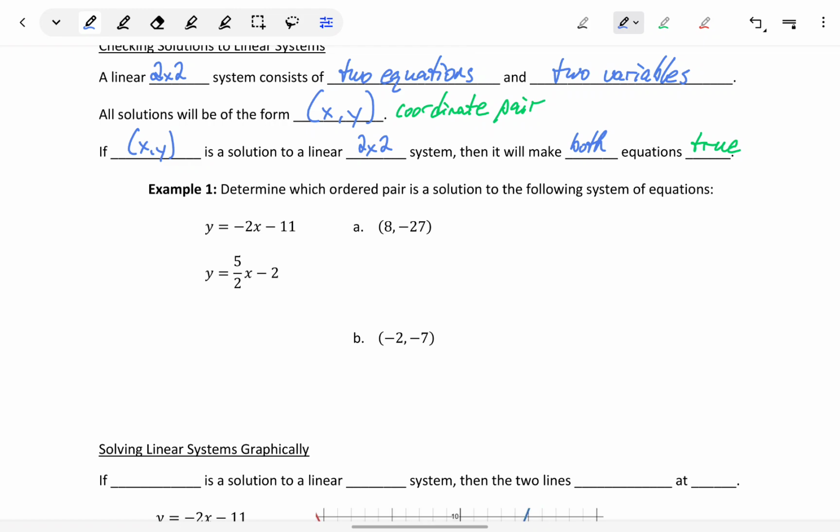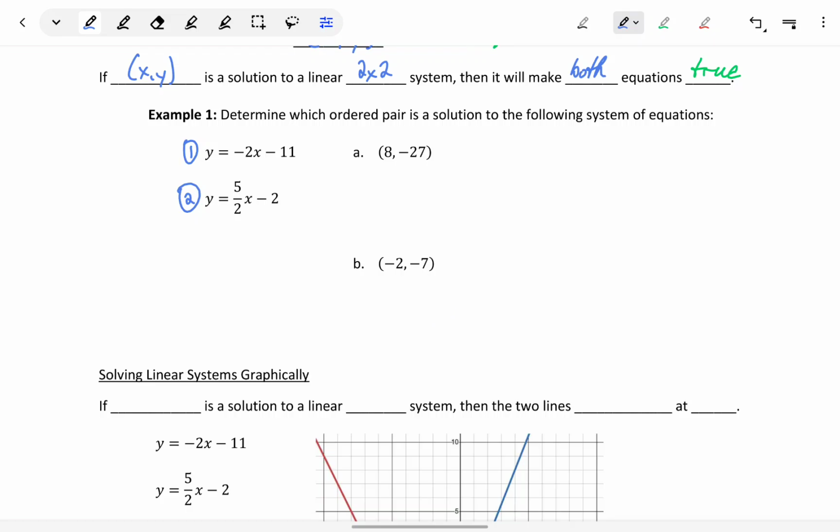In example 1, we're given two potential ordered pair solutions to the system of equations, which we'll reference as equation 1 and equation 2. What we want to do is verify which of these 2 points is a solution to the system. We'll start with the coordinate pair in part A, 8 comma negative 27, and plug those x and y values into equation 1.